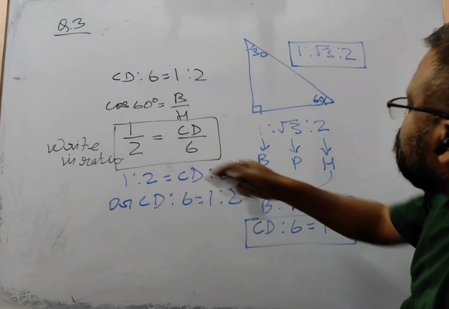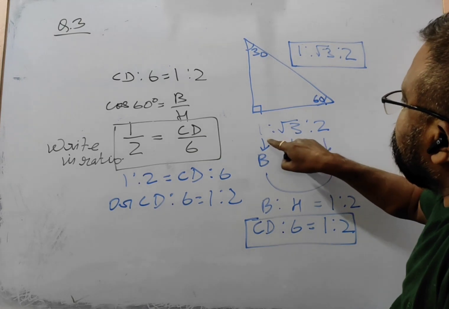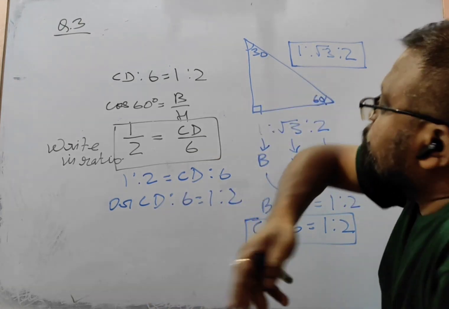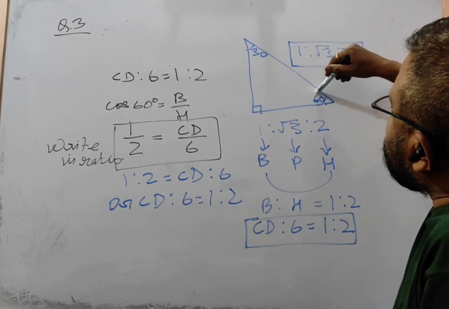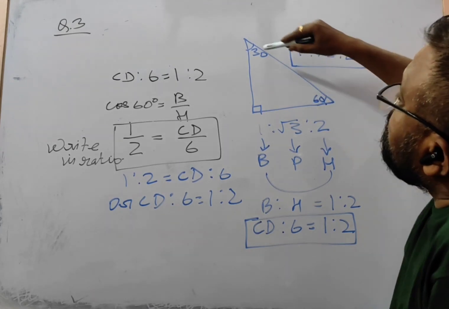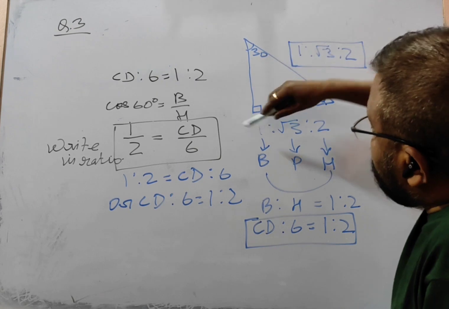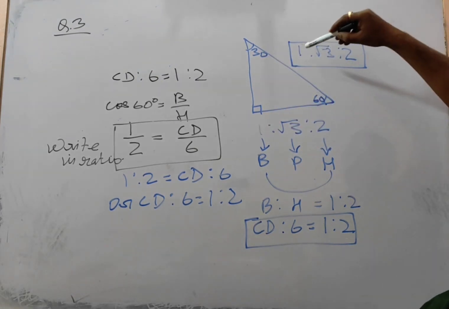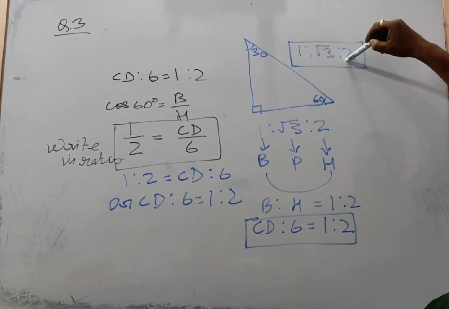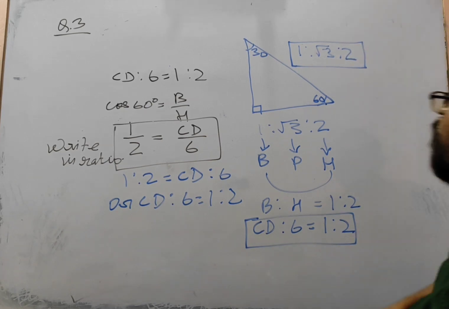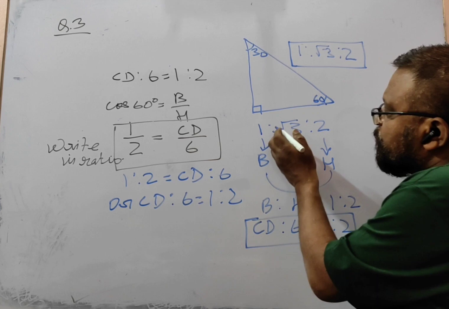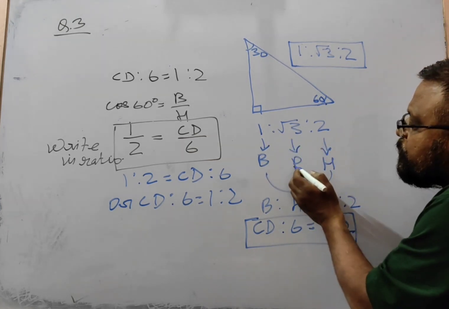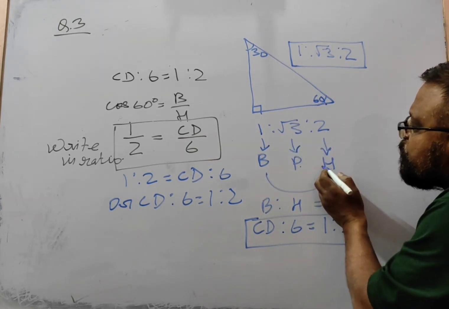There is a ratio given as per your syllabus. In a right angle triangle where the base angle is 60 degree and this angle is 30 degree, the triangle has a ratio 1 is to root 3 is to 2, where 1 belongs to base, root 3 belongs to perpendicular and 2 belongs to hypotenuse.